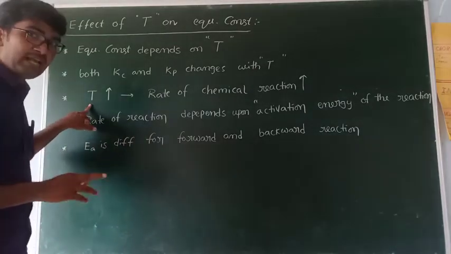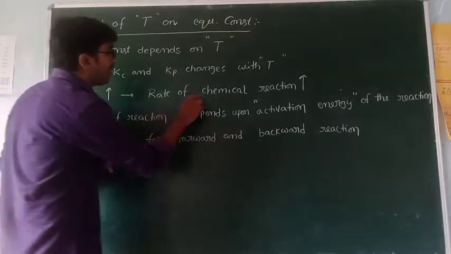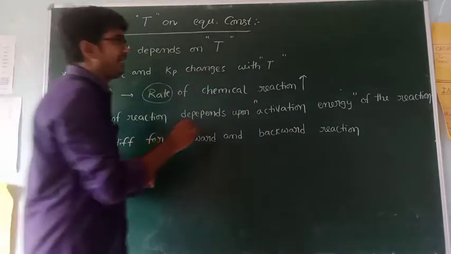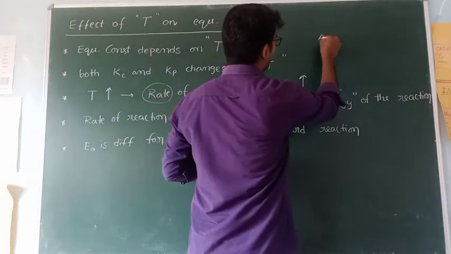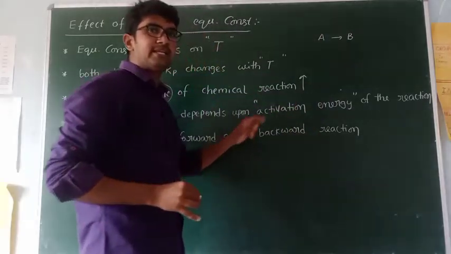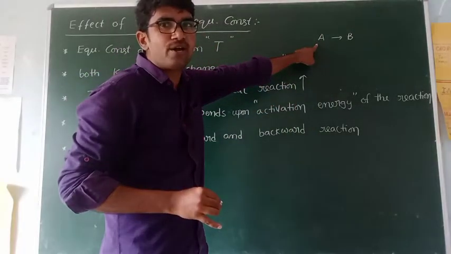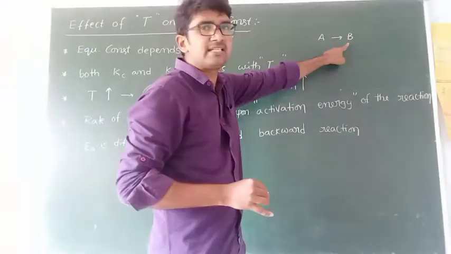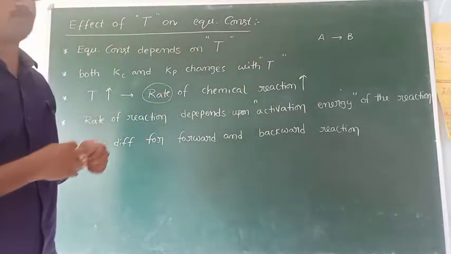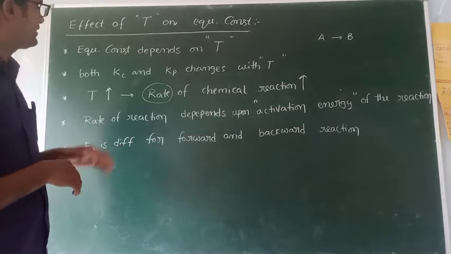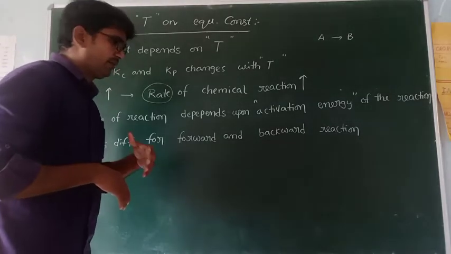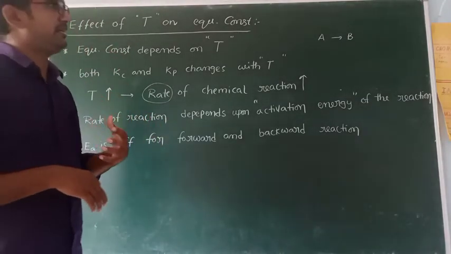So as the temperature increases, the rate of chemical reaction also increases. What is the rate of chemical reaction? I already explained what rate is. Rate means the decrease in the concentration of the reactants or the increase in the concentration of the products, both happening simultaneously.